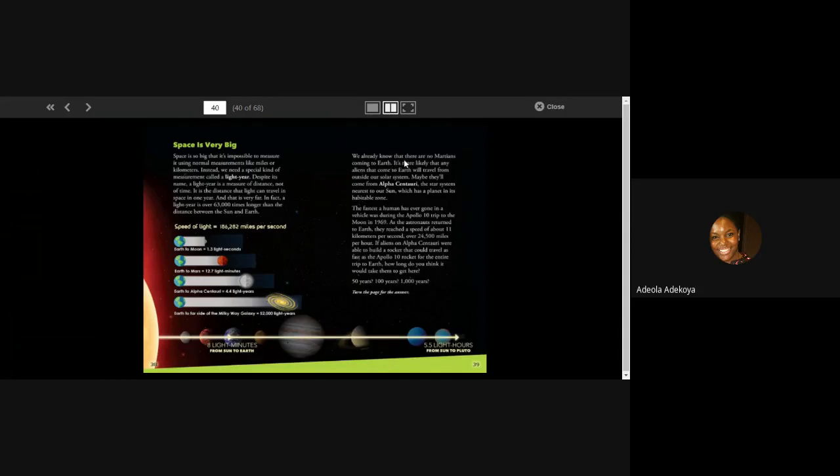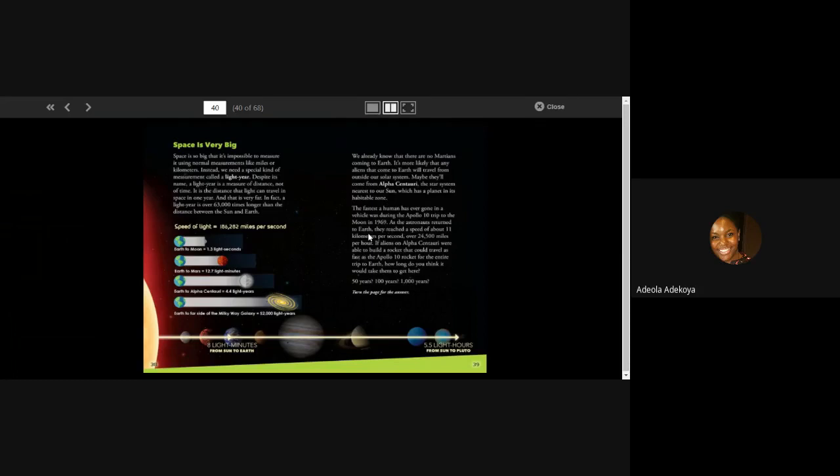We already know that there are no Martians coming to Earth. It's more likely that any alien that comes to the Earth would travel from outside of our solar system. Maybe they'll come from Alpha Centauri, the star system that's nearest to the Sun, which has a planet in its habitable zone. The fastest humans have ever gone in a vehicle was during the Apollo 10 trip to the moon in 1969.